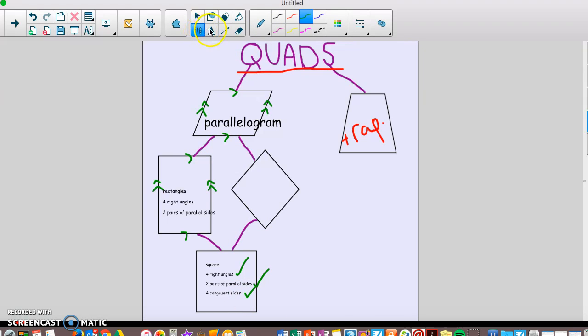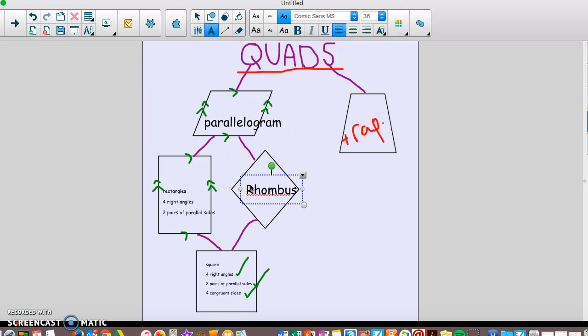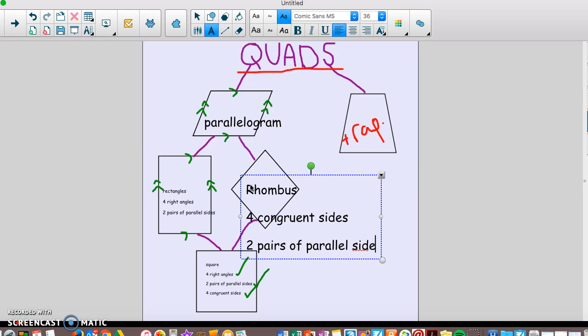And that is because a square is also a rhombus. The defining feature of a rhombus is that it has four congruent sides. And it also has two pairs of parallel sides, which make it a parallelogram.